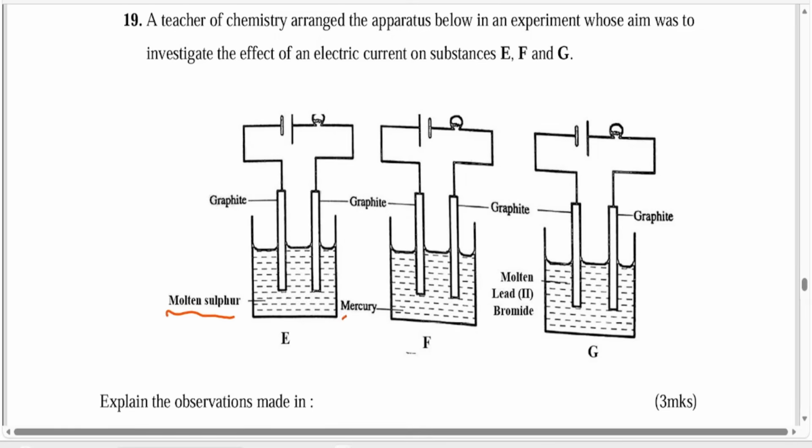In F, we have molten or liquid mercury. And in G, we have molten lead II bromide. In all cases, the electrodes are solid graphite.